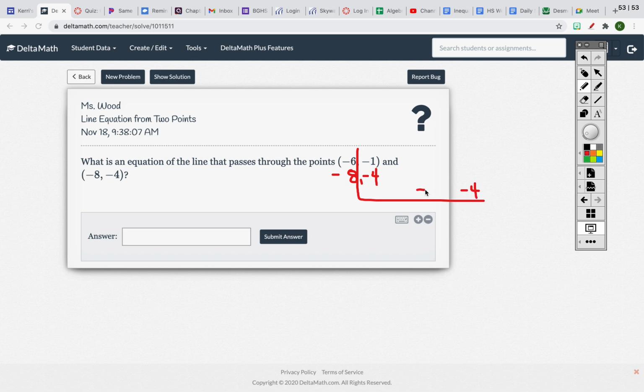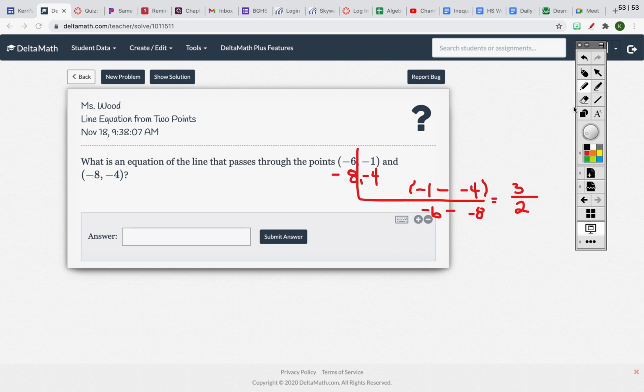Find the slope of the line by slipping and sliding. So this is 3 over 2. That is the slope. So how do you find the b if you're given this slope?